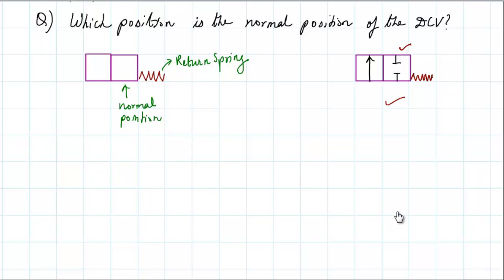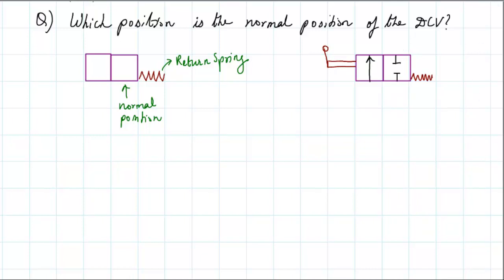Now there might be something to move the positions. One of the things that is generally used is a lever. The lever is drawn schematically like this. So it's a lever which can move the spool, or which can move the DCV in such a way that it achieves various positions.